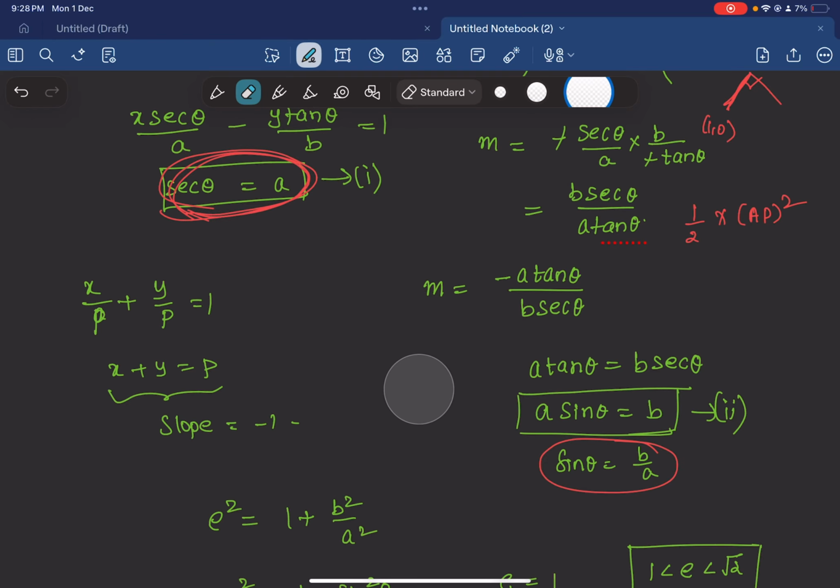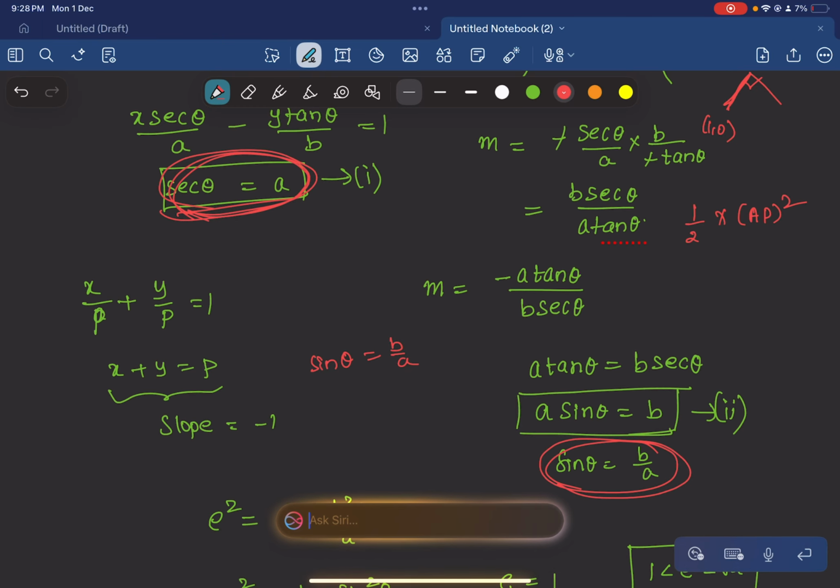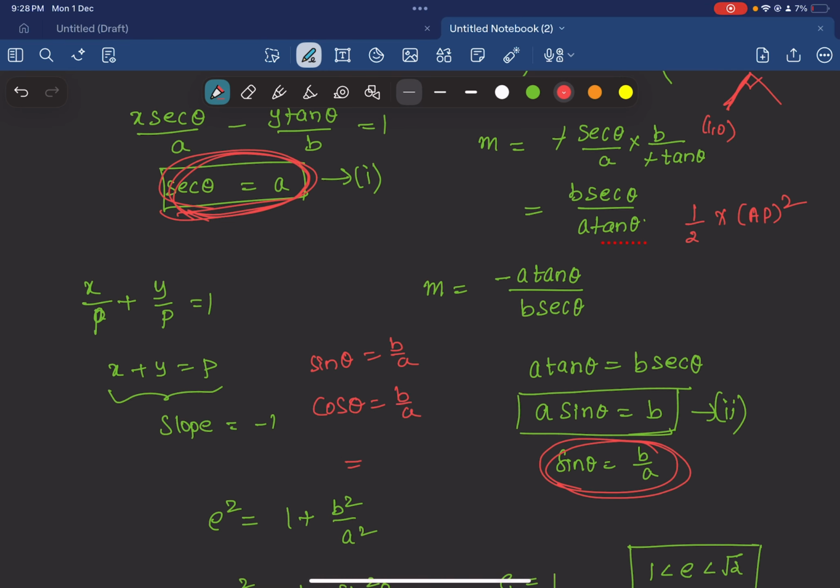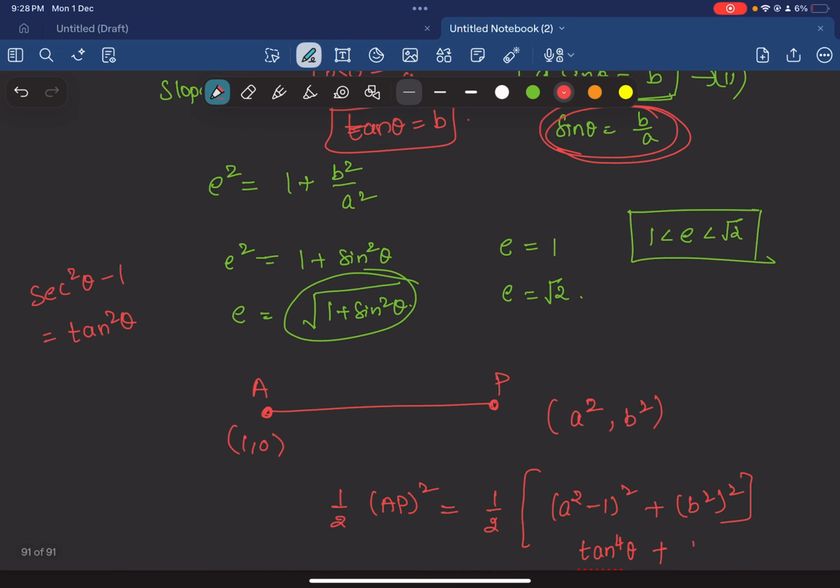We know sin theta equal to b by a, and from here cos theta equal to 1 by a. So using these two we will get tan theta is equal to b. So this will also become tan power 4 theta.